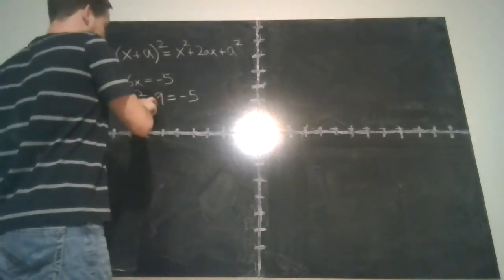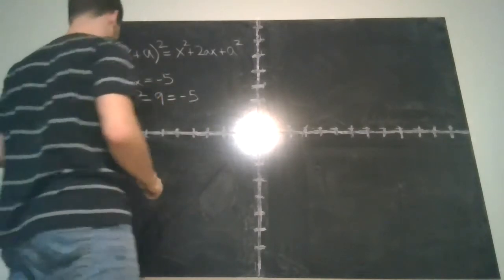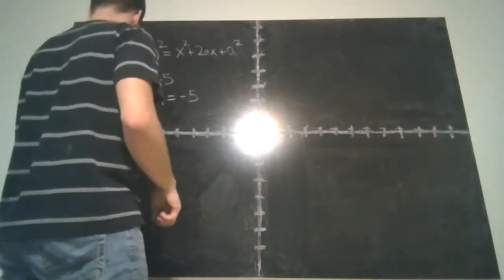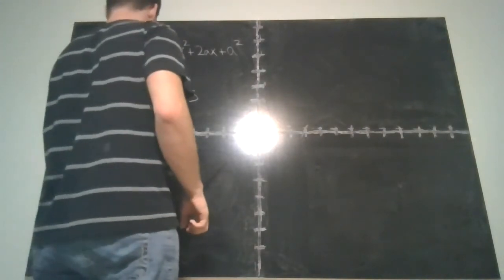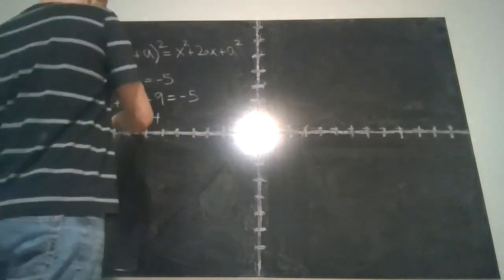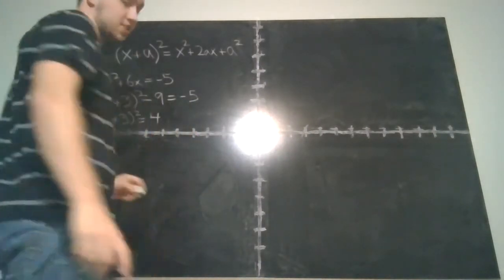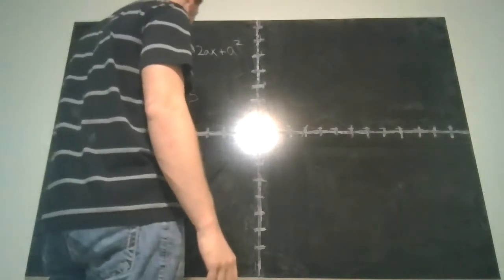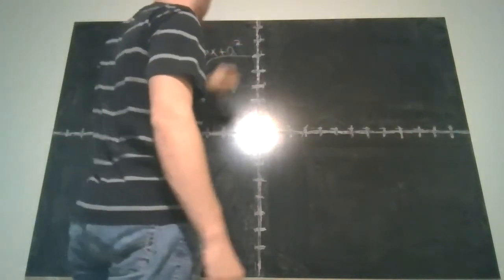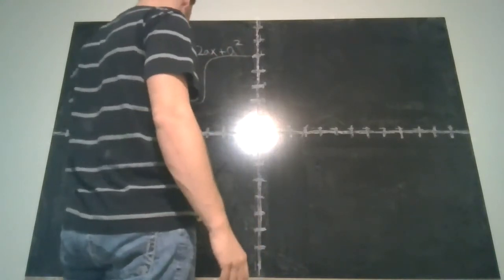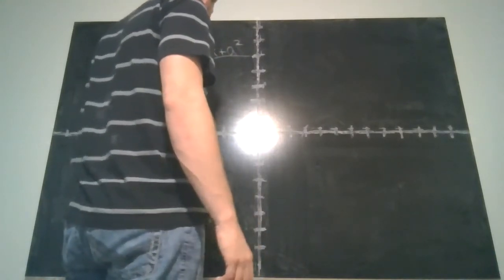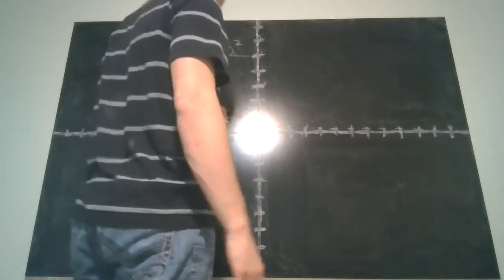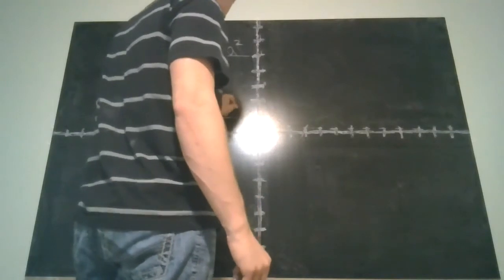Well, we can now move the -9 over to the other side to get x plus 3 squared equals 4. And now, all we need to do is take the square root of both sides. So, finally, x plus 3 equals the positive or negative square root of 4, which is 2.